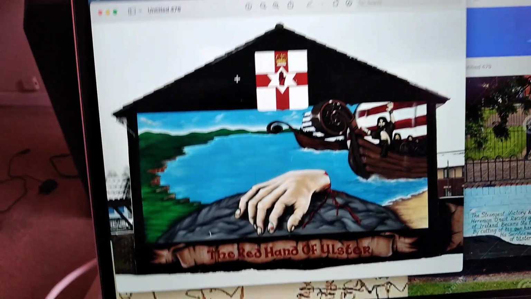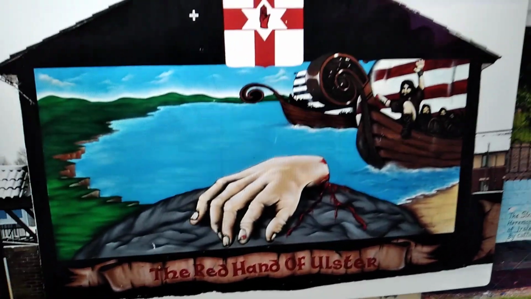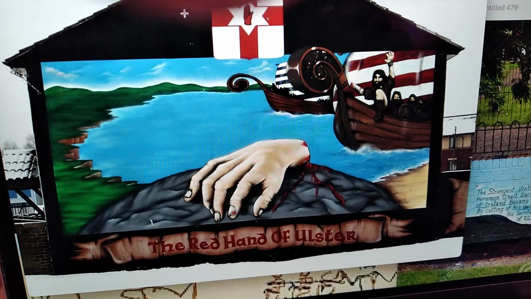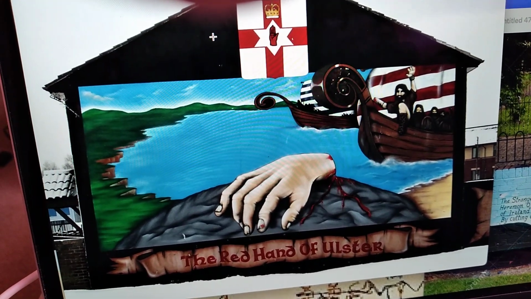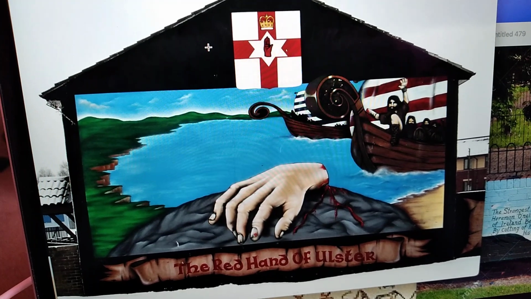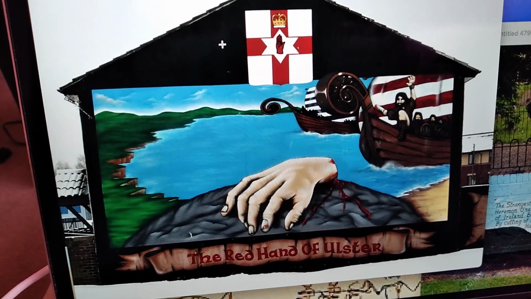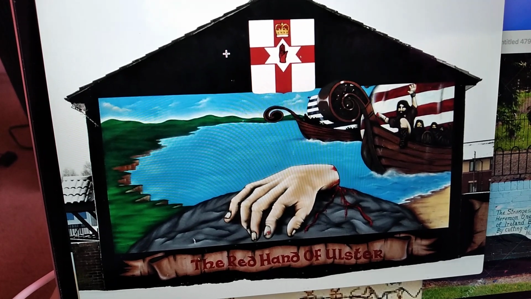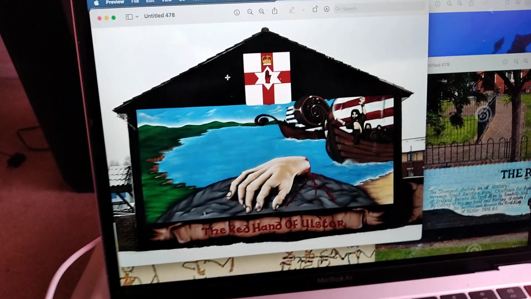And so, in this version, it's the right hand, whereas in the other travel poster, it was the left hand. It's kind of arbitrary. You could say either way, depending.